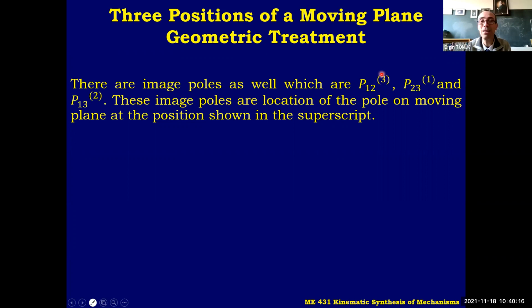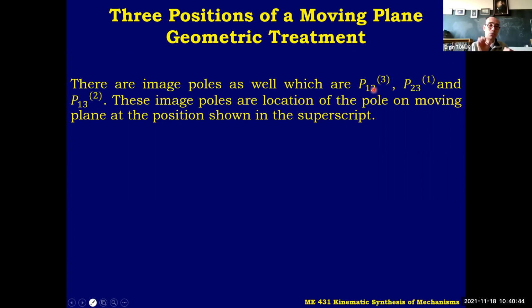It looks a little confusing, but just keep this in mind. None of these three numbers are the same. This pole has a fixed location either in position 1 or 2 relative to the fixed or moving plane. Actually, it's the only common point in position 1 and 2. But if you move it to a third position, unless it's fixed axis rotation, it's going to become another point.